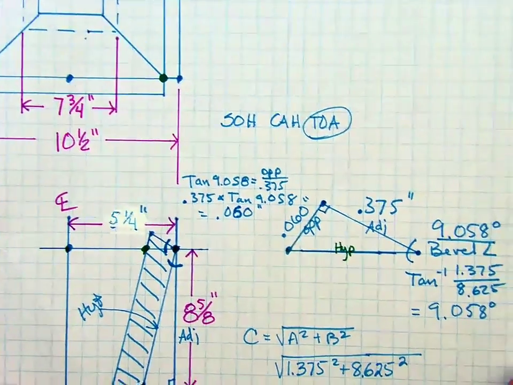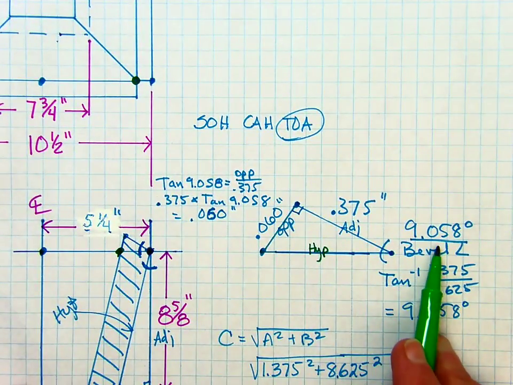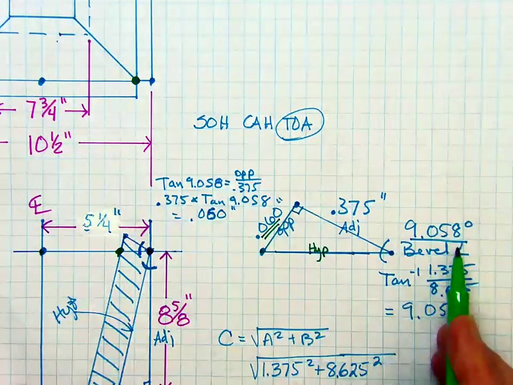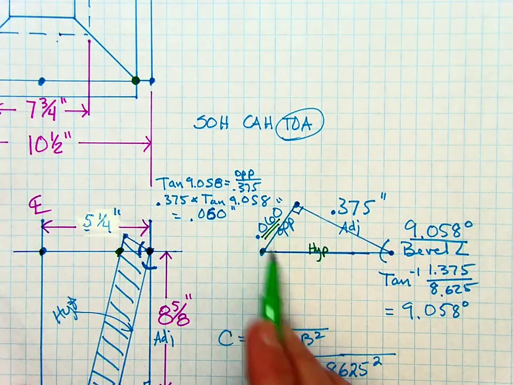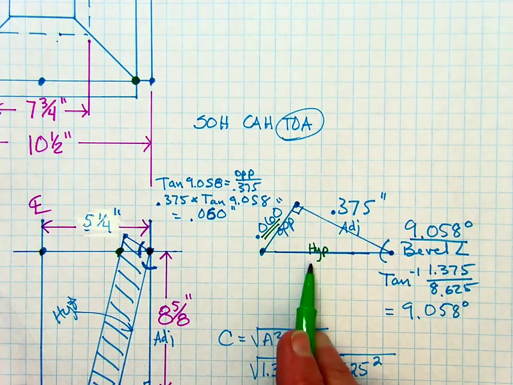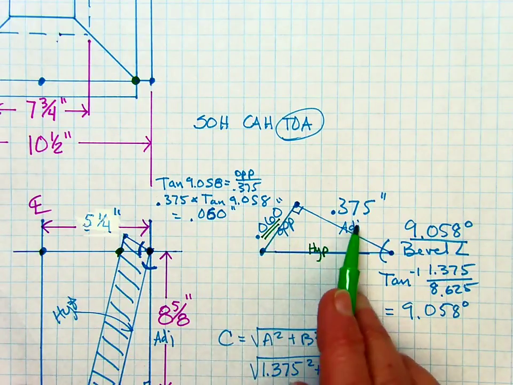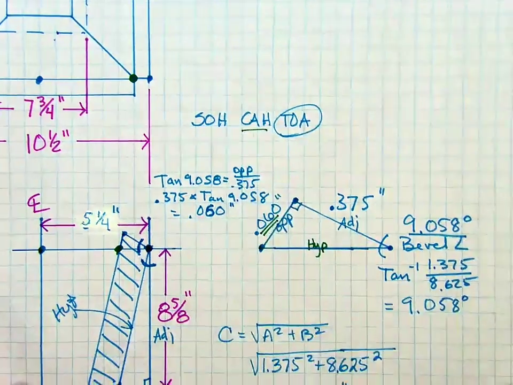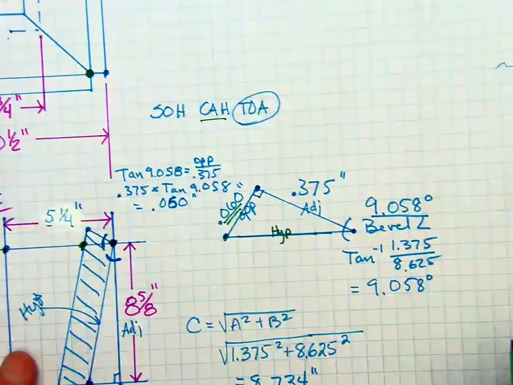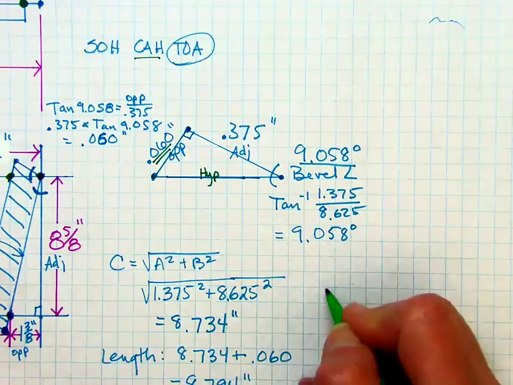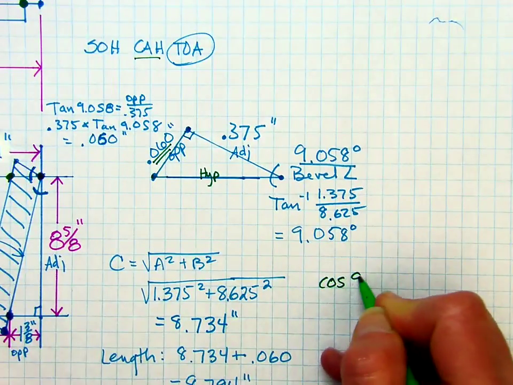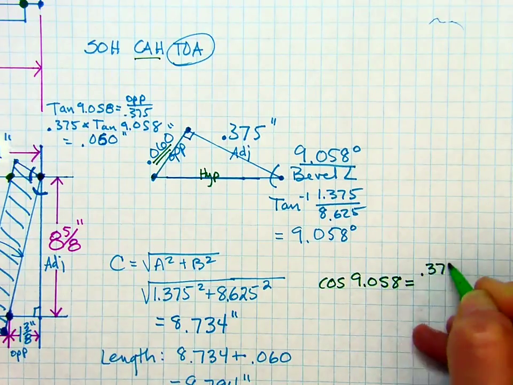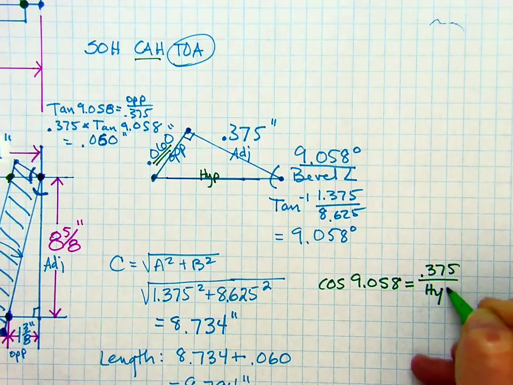Let's go back to our triangle. This was rounded. This also was rounded. In fact, it's a double rounded number because I had to use a rounded number. So let's not use the opposite side to calculate the hypotenuse. Don't use Pythagorean. Let's use cosine. Okay, we're going to use adjacent and hypotenuse. That's going to be cosine. So here we have, and let me do the math over here. Cosine 9.058 equals adjacent, which is 0.375 over hypotenuse.